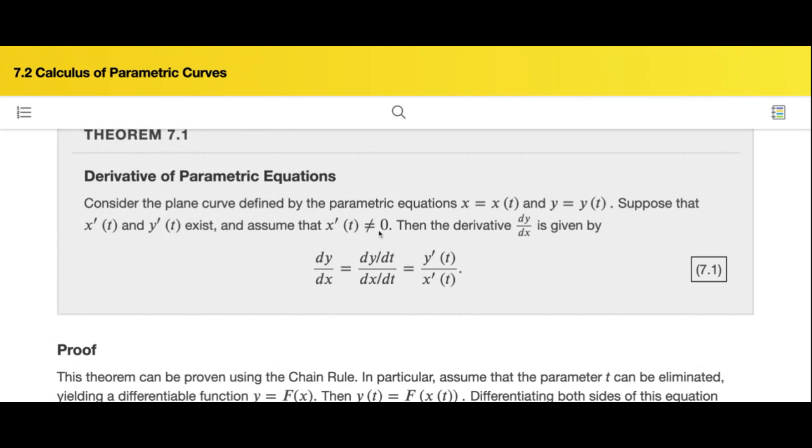And assume that x prime of t is not equal to 0 at any t value, because we won't be able to divide by 0. So we restrict x prime of t not equal to 0 at any point of t. Then the derivative dy/dx is just given by dy/dt over dx/dt, which is y prime of t divided by x prime of t.